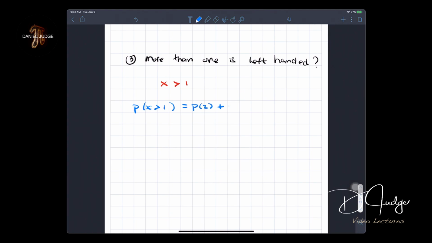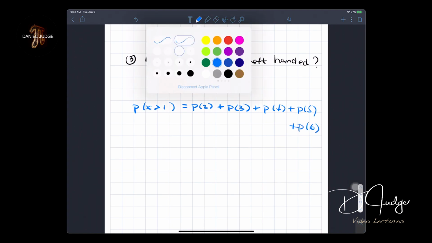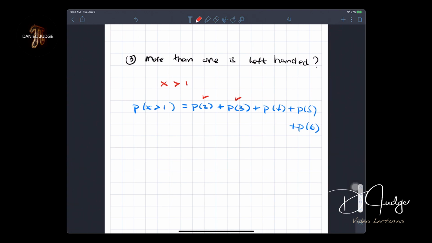More than 1: 2, 3, 4, 5, and then another one makes 6. Okay, we got 6 probabilities because this is more than 1. Right? 2 is more than 1. 3 is more than 1. 4 is more than 1. 5 is more than 1. 6 is more than 1. 1 is equal to 1. It's not more.